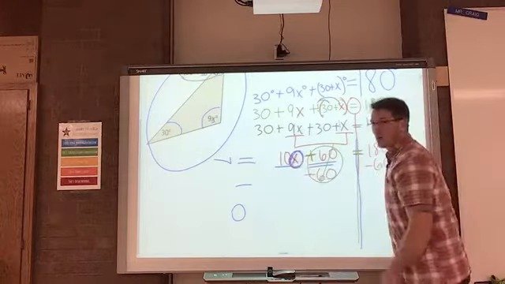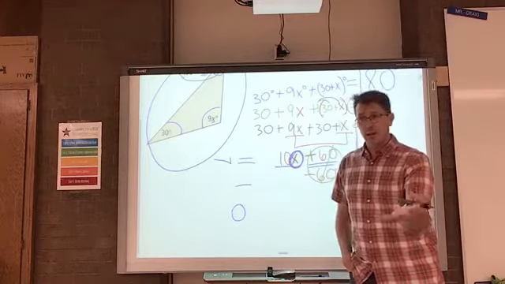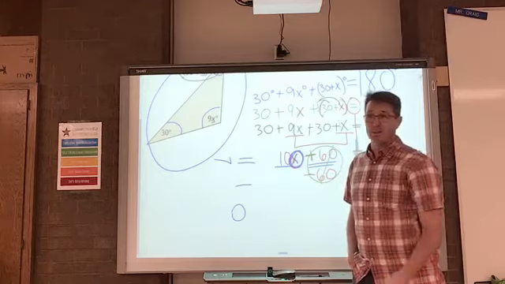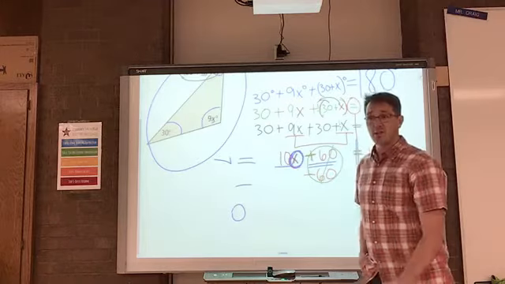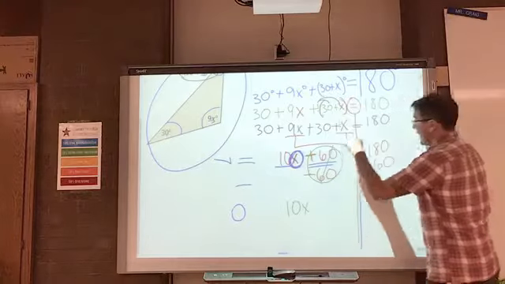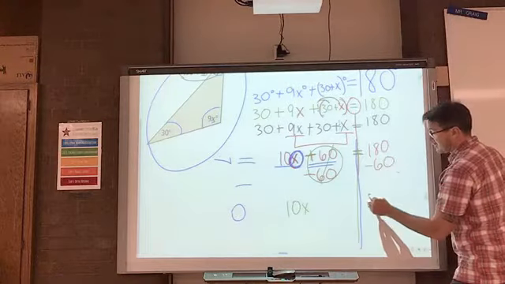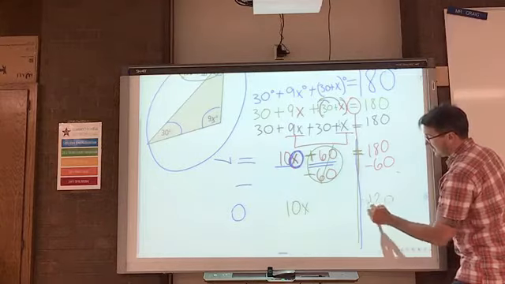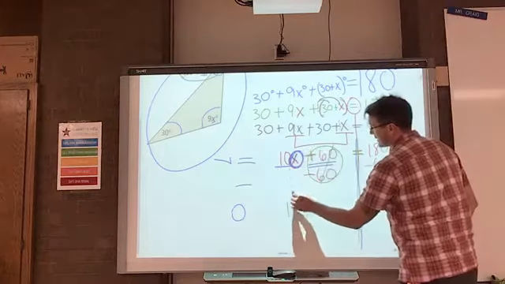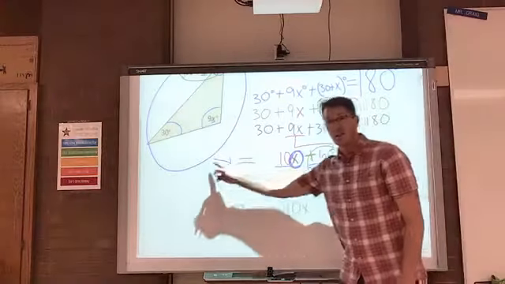You don't tell people, hey, I'm 14 plus 0. They would look like you're crazy. I bring down the 10x. After I solve this, 180 minus 60 leaves me 120. And notice I brought down my 10x directly below because I like to keep track of my steps. So I've taken care of the constant.